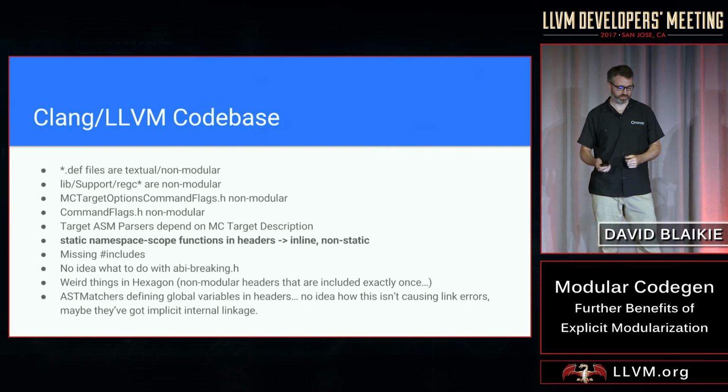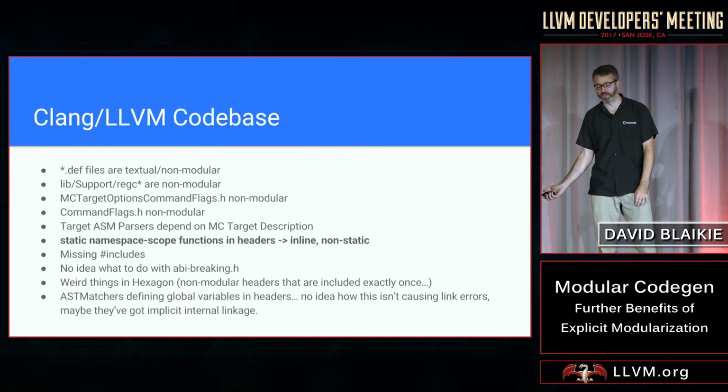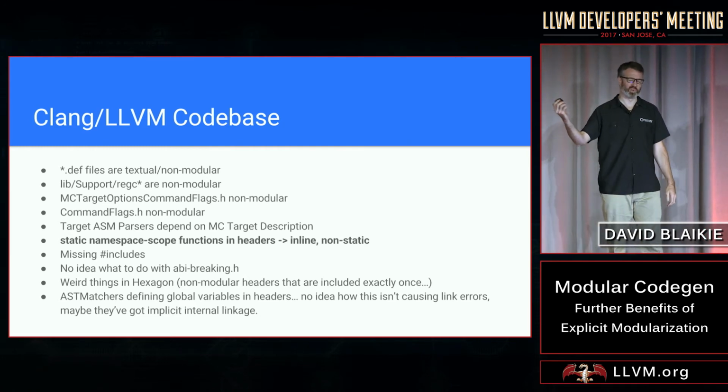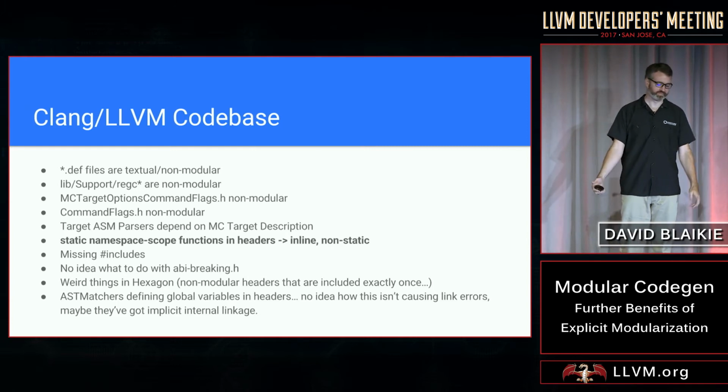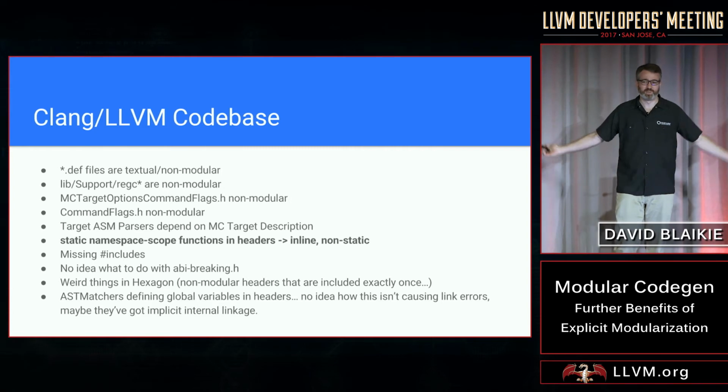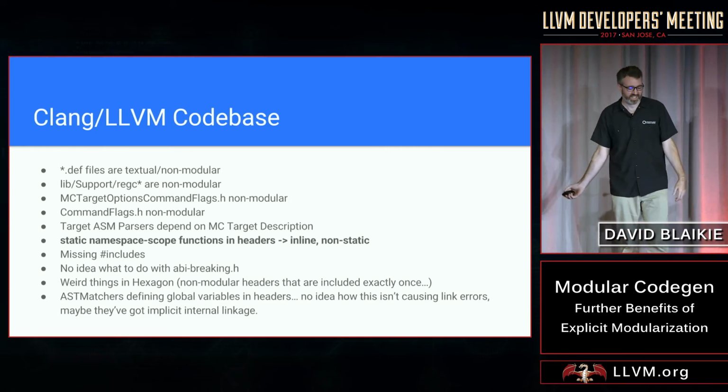What else did I hit? Some layering things, a bunch of missing includes, a bunch of things dependent on includes for definitions of types for pointer unions and things like this. So many things that are static in headers. It's easy, you just make them inline, it's fine.